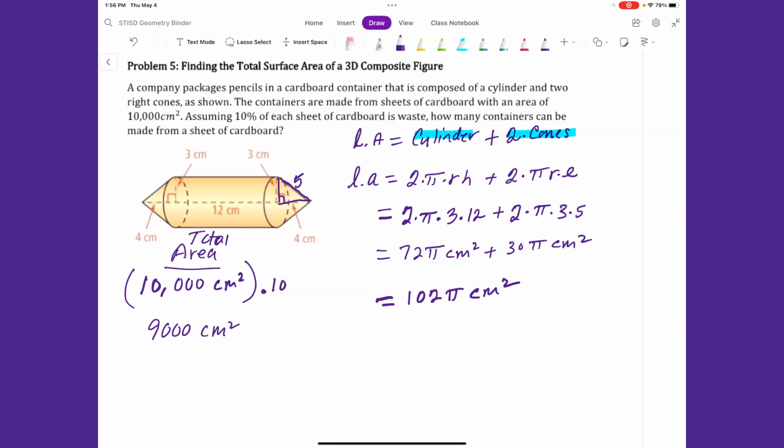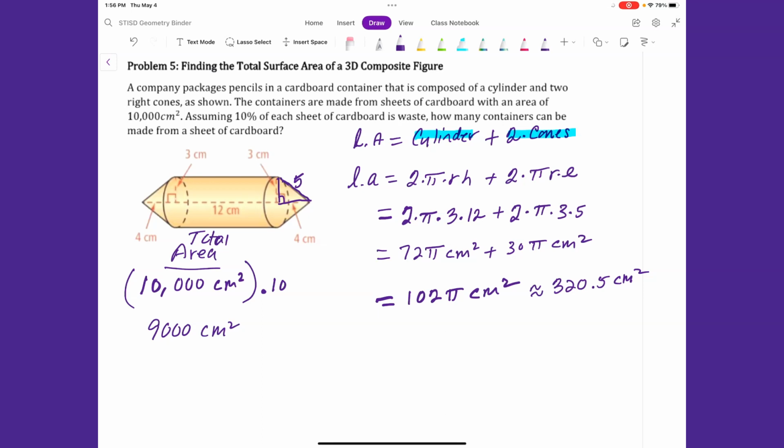So I've got to roughly estimate what 102 pi is, which is about 320.5 centimeters squared. So to make one container, it's 320.5 centimeters squared.